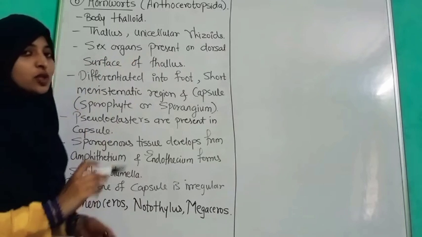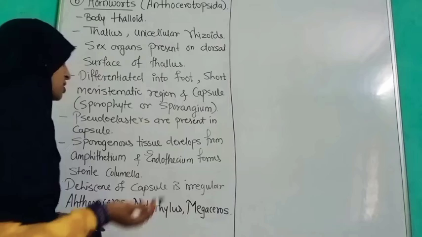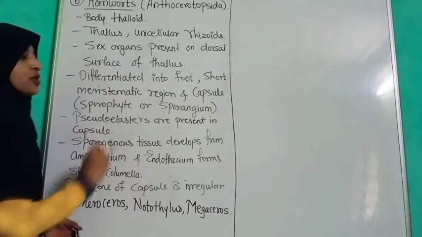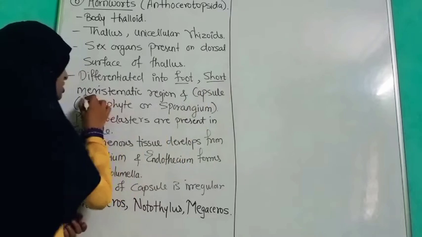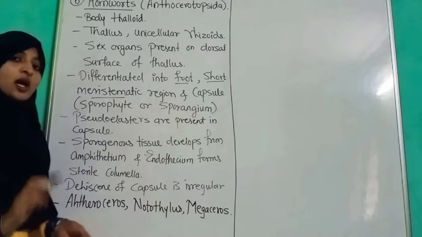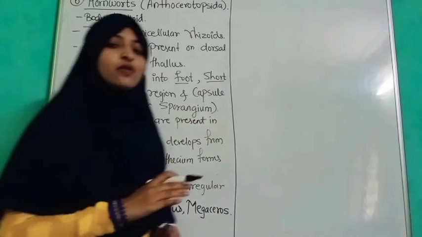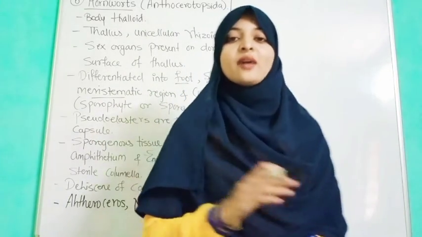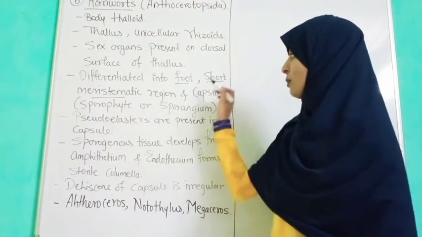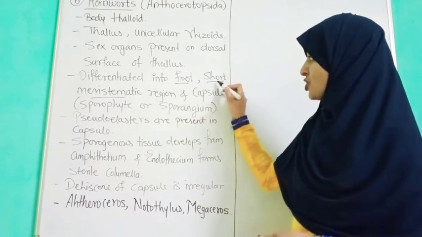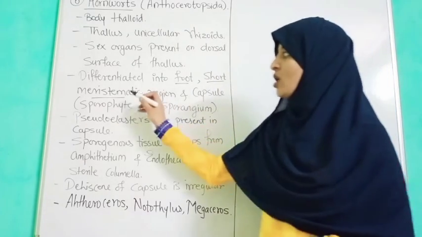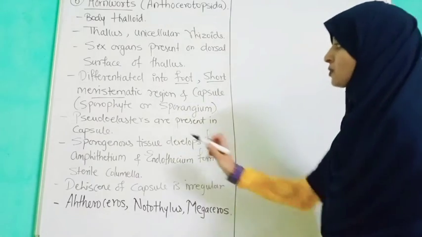Sex organs are present on the dorsal surface of the thallus. The body is differentiated into foot, short meristematic region and capsule. We discussed that in liverworts the body has foot, seta and capsule, but here the seta is not present. Instead of seta, it contains a short meristematic region.